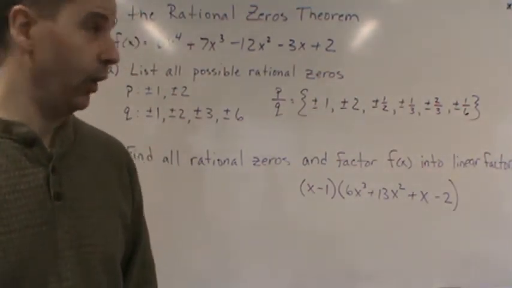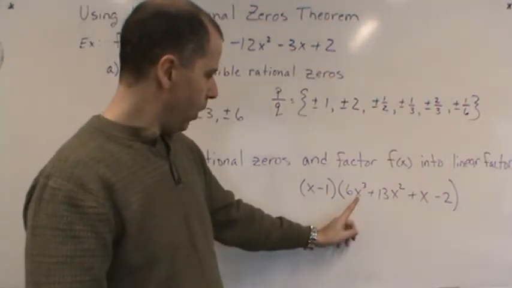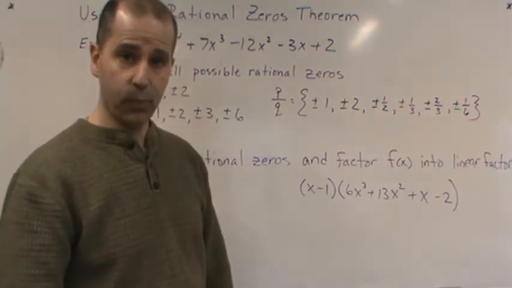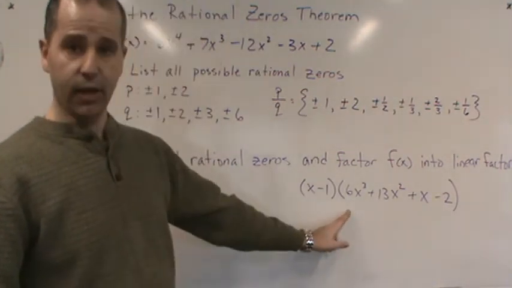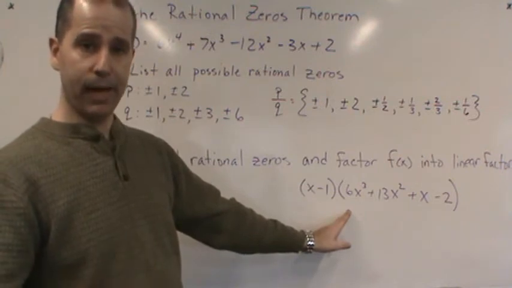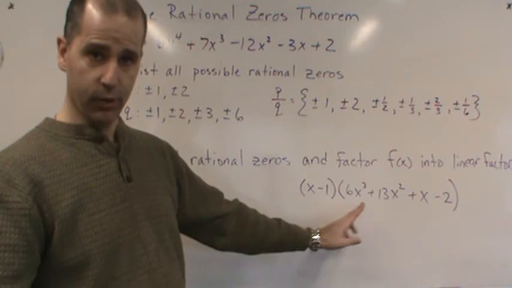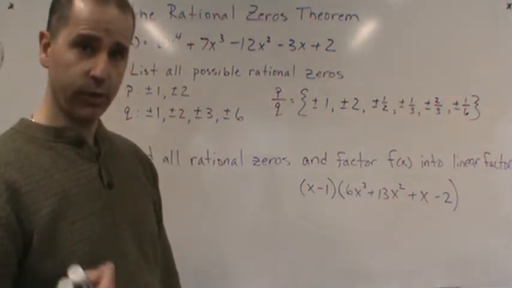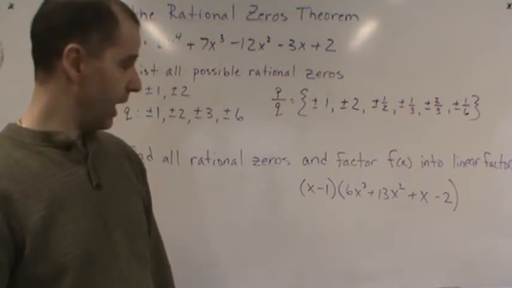If we go to negative 1, the terms with odd powers will change sign. So you change the sign of the coefficients for the odd-powered terms, and then you add all the coefficients up, and if those coefficients add up to 0, then negative 1 is a 0. If they don't, then it's not.